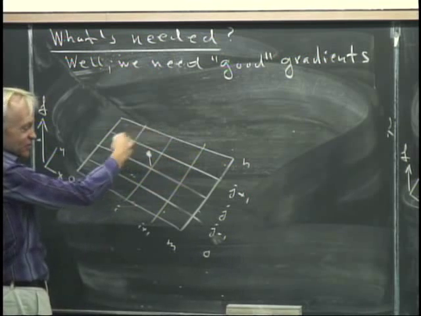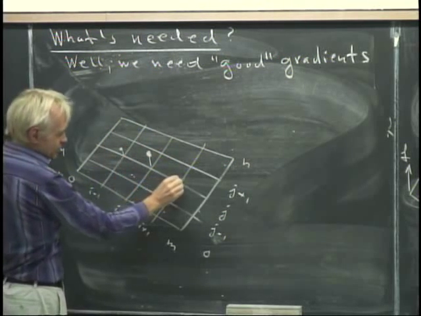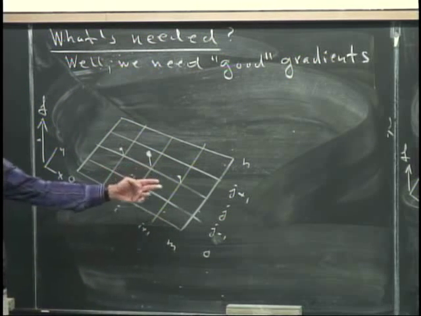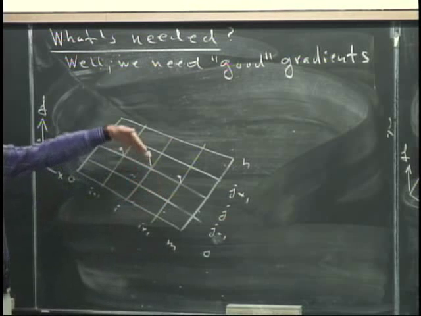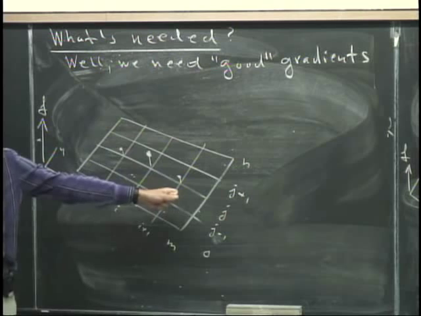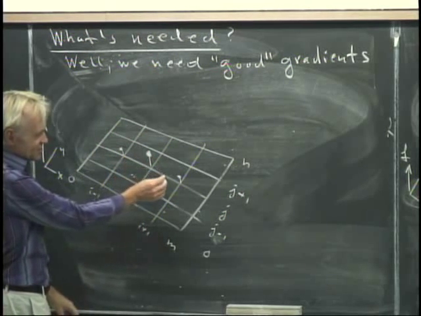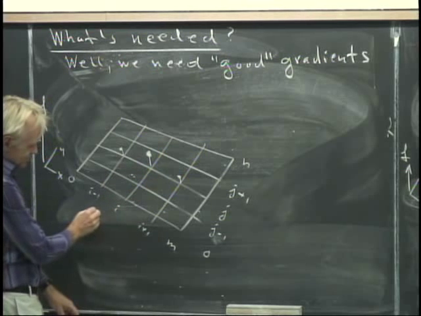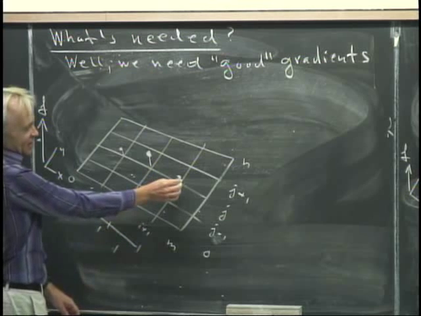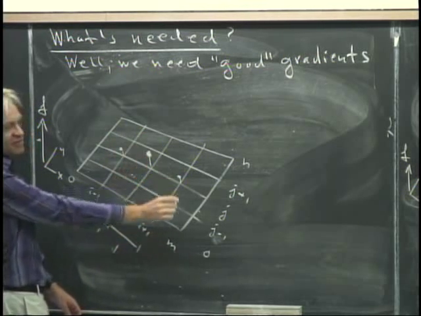I probably can compute it just based on local information. This case here resembles the case we had before. This is just the x case. Point in the middle, left neighbor, right neighbor, that's the x direction. So the slope in the x direction is given by the height of the right neighbor minus the height of the left neighbor divided by 2 gives me the derivative in x.